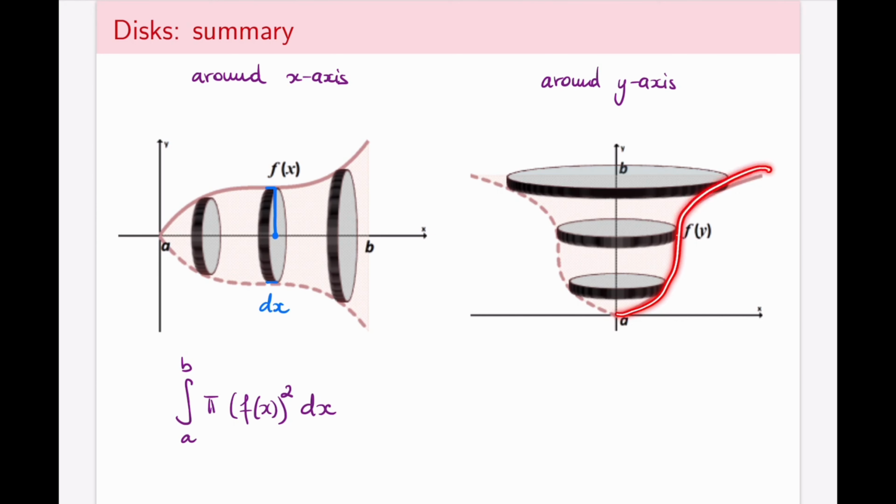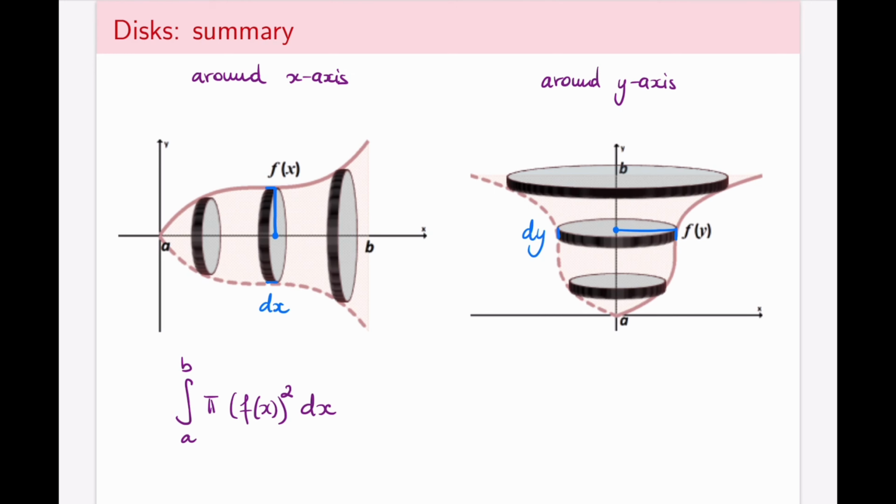When I rotated around the y-axis, I recognized that the disks have to be centered on the y-axis, which means that the radius had to be computed given the y value, and the thickness of the disk, its height, now was parallel to the y-axis and therefore is described as dy.